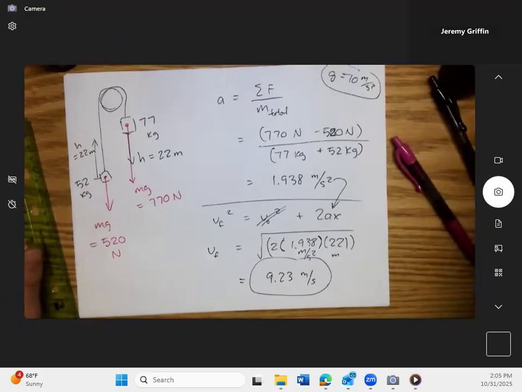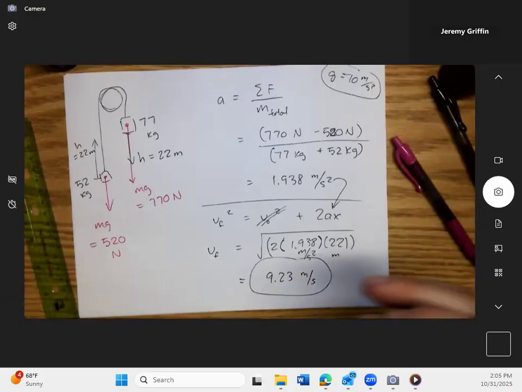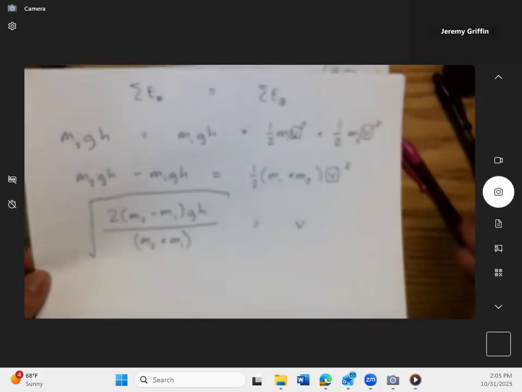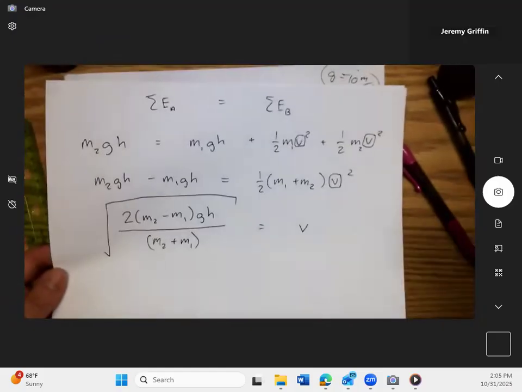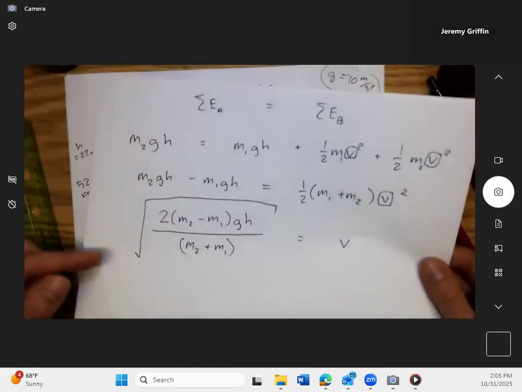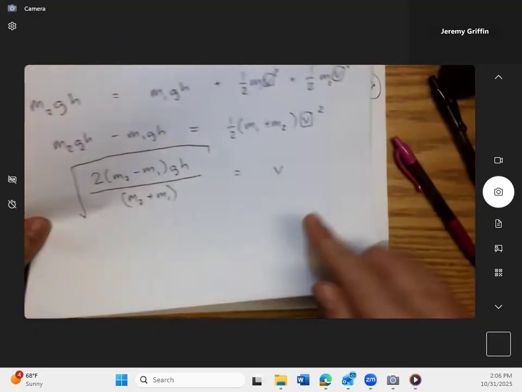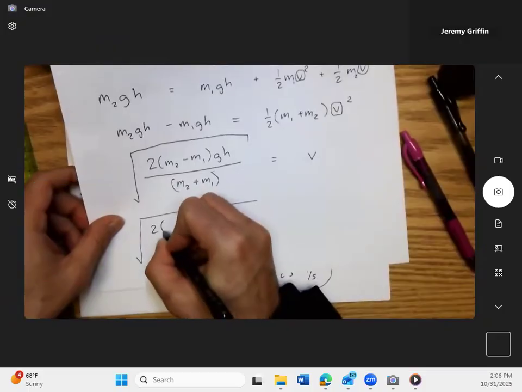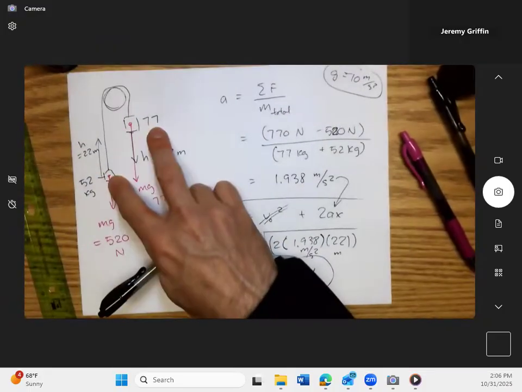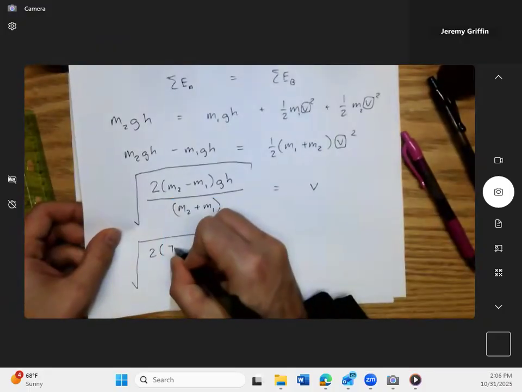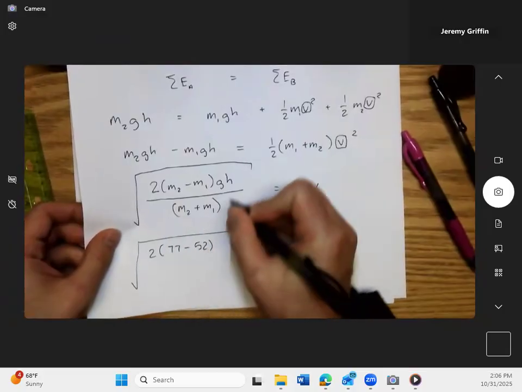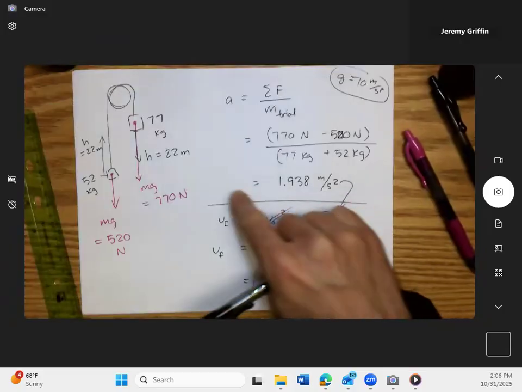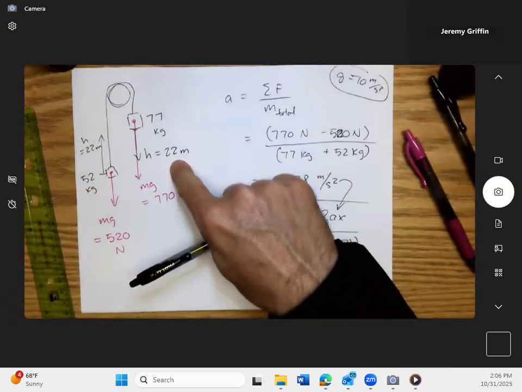Could have done it. Now let's try the new way, which we already have solved right here. We solved all the outputs right here. I can just plug in the values here, and I should get the same speed. See if I do. So what is the square root of... what are the masses? 77, 52. So 77 minus 52, g I'm calling 10, and the height change was 22.